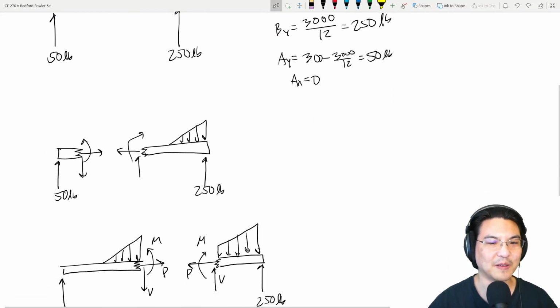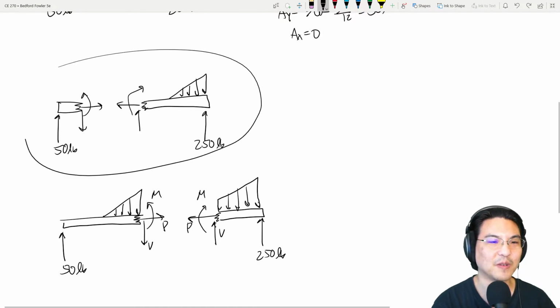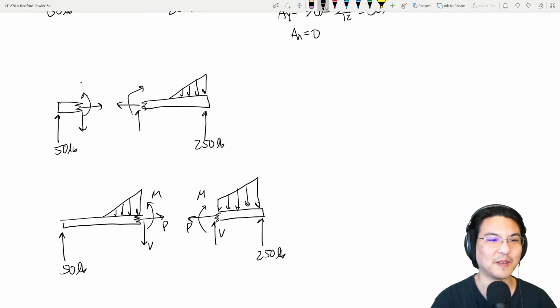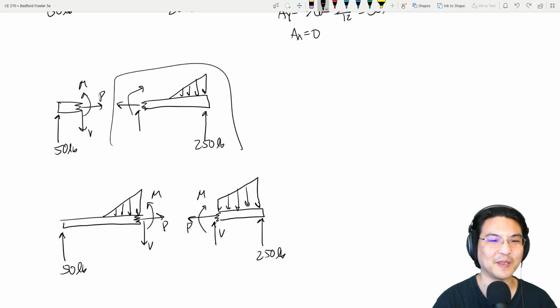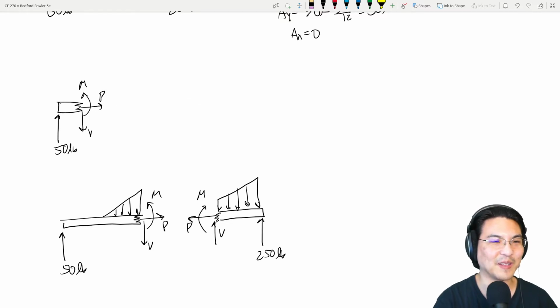Now let's take a look. Which of these two sections would you prefer to analyze? Definitely feel like this one is less to deal with than this one. So I'm just gonna erase this. Okay, let me make a note that this is valid between 0 and 6.